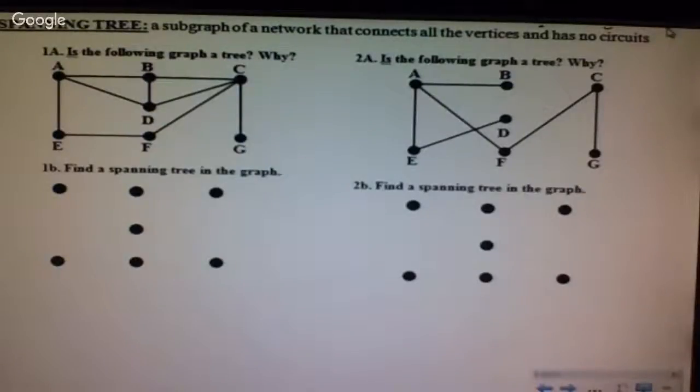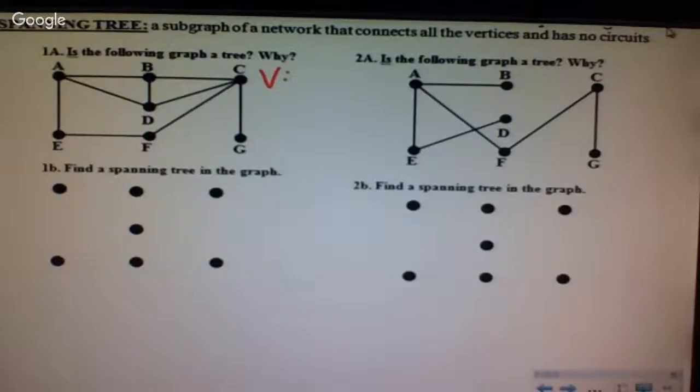All right. So we left off on Tuesday talking about spanning trees. Remember, we said spanning tree meant if I have 6 dots, they should be connected by 5 edges. My edges should be one smaller than my dots, or my vertices. So if you take a look at 1A, how many vertices do I have?